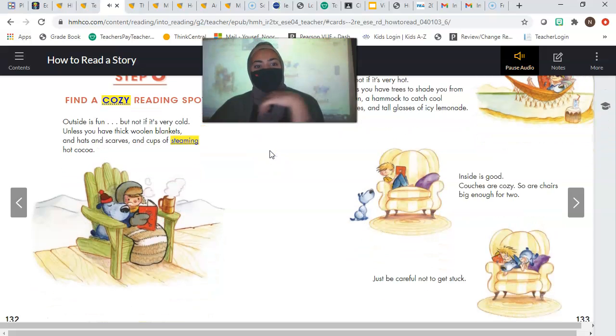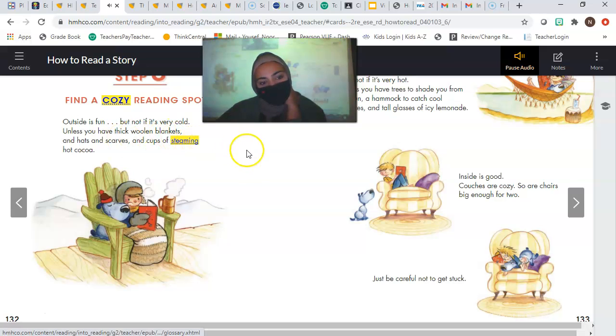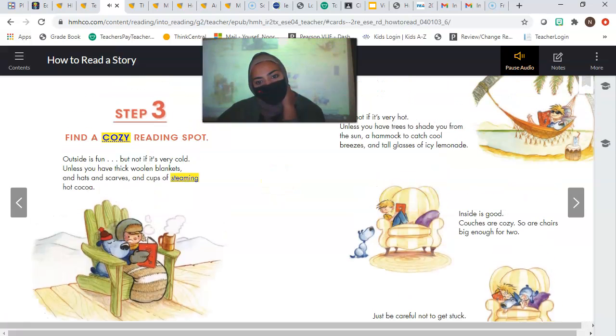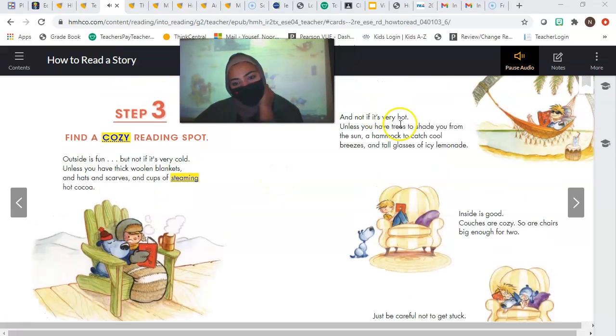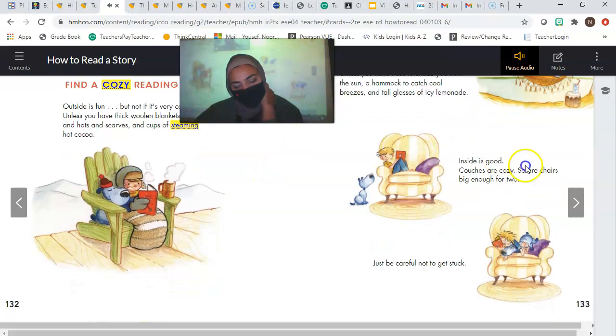Outside is fun, but not if it's very cold, unless you have thick woolen blankets and hats and scarves and cups of steaming hot cocoa, and if it's not very hot, unless you have trees to shade you from the sun, a hammock to catch cool breezes, and tall glasses of icy lemonade. Inside is good. Couches are cozy. So are chairs big enough for 2. Just be careful not to get stuck.